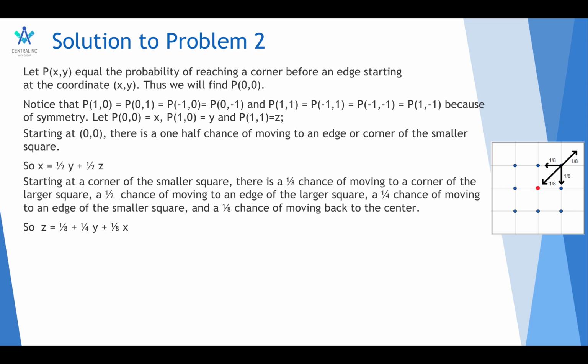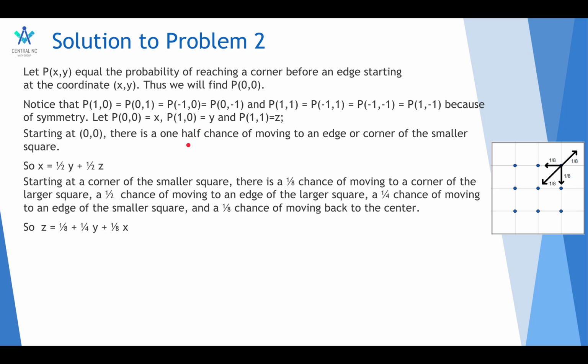And the probability the particle hits a corner from the origin could be a different value. So there are three different possible p-values on this 2 by 2 square. We'll let the probability at the origin be x, the probability at the corners be z, and the probability from one of the interior points on the sides be y.